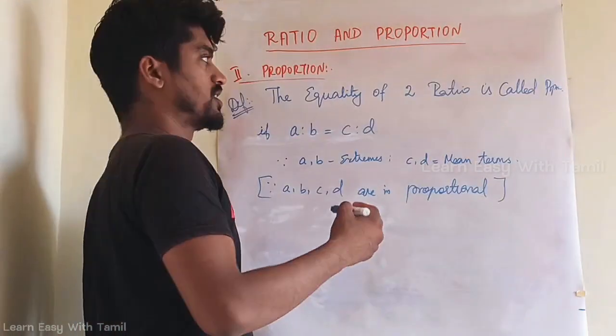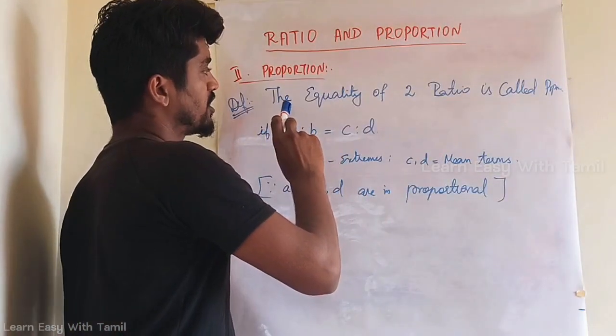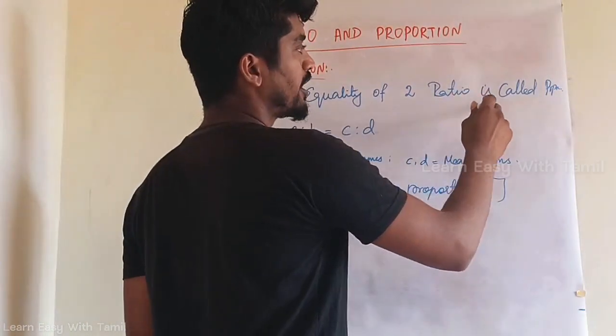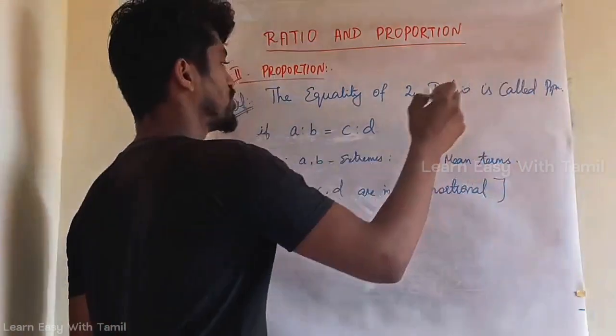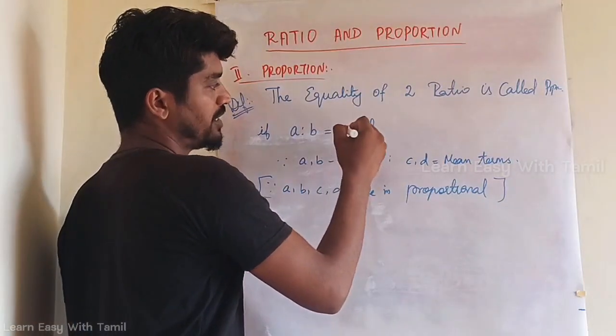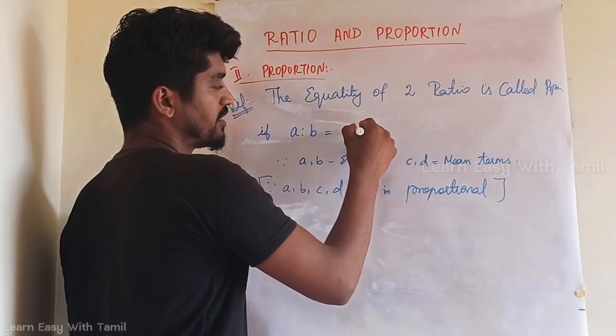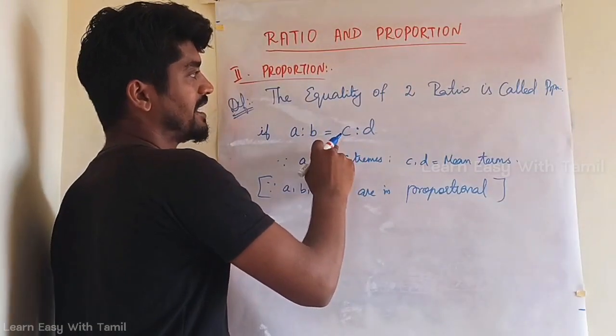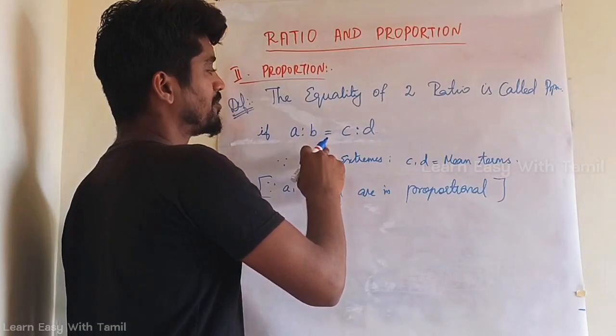Next, proportion. The definition of proportion is the equality of two ratios. Here the ratios considered are A is to B and C is to D. There are two ratios which are equal, so it is called proportion.